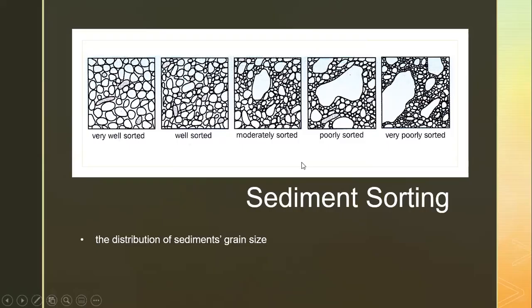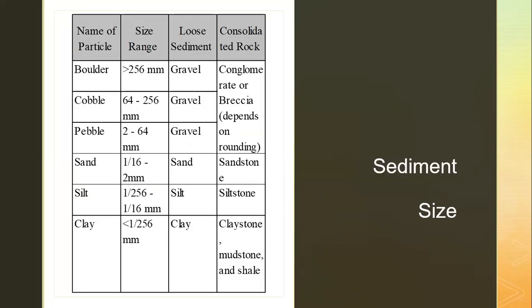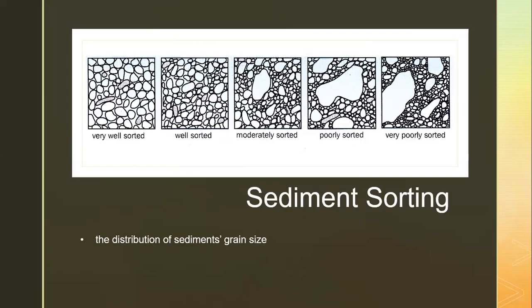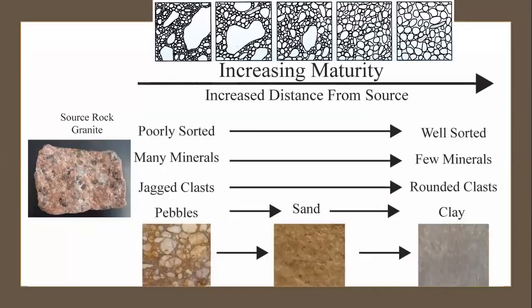So understanding this idea of sorting and rounding and sediment size, tying it all together, will help you understand something called maturity. You might see it on the lab as textural maturity, but it's still maturity nonetheless.